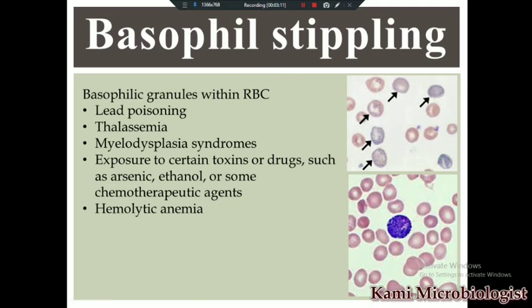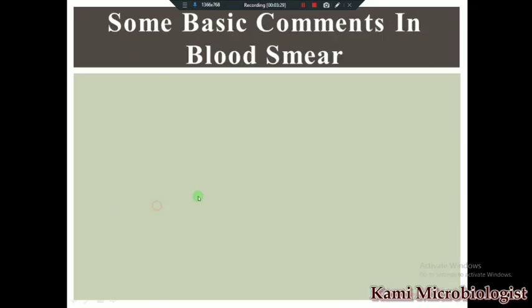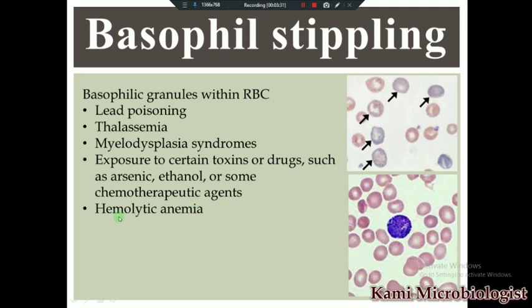And basophilic stippling will be present in case of lead poisoning, thalassemia, myelodysplastic syndrome, or when a person is exposed to certain toxic substances such as arsenic, ethanol, or some chemotherapeutic agents, and due to hemolytic anemia. So in these ways a person can have basophilic stippling.